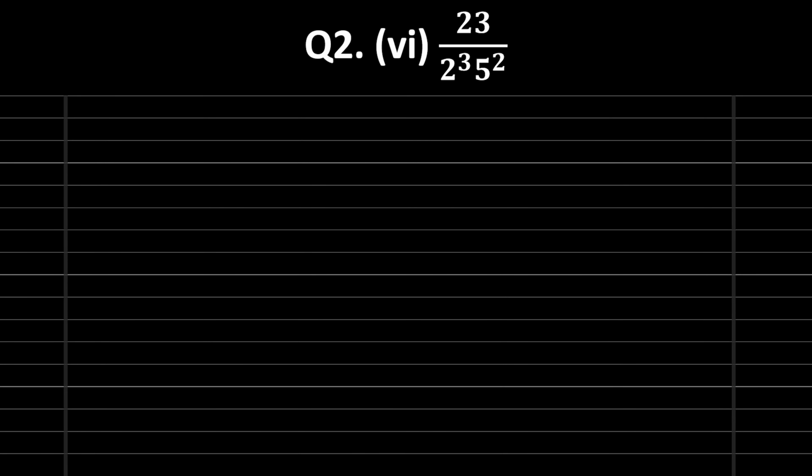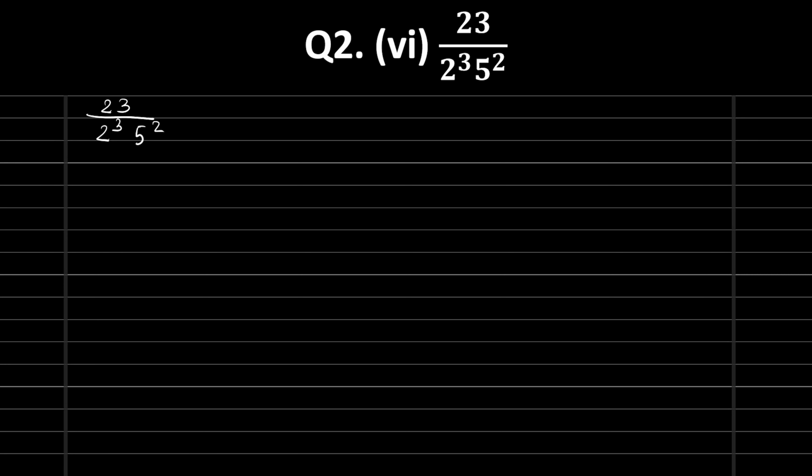Now this is the sixth subpart of question number 2. Here we have 23 upon 2 raised to 3 into 5 raised to 2. We can see among 2 and 5 the largest exponent is of 2, which is 3, right?